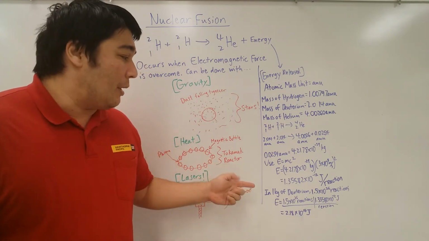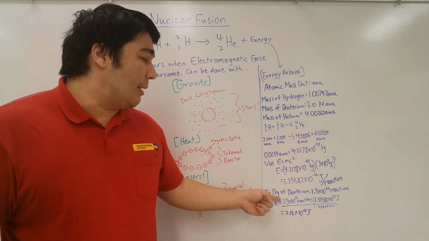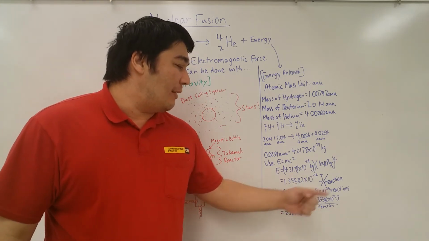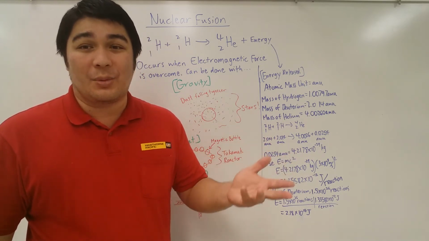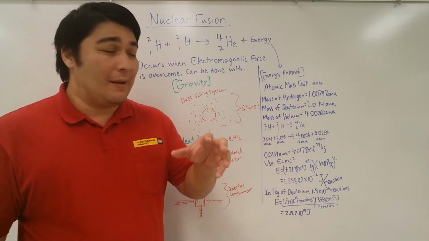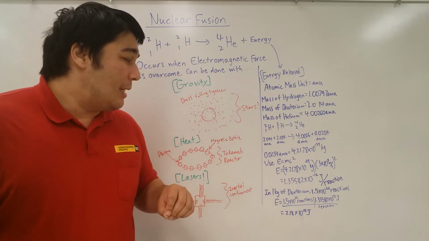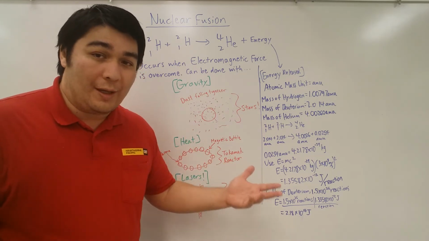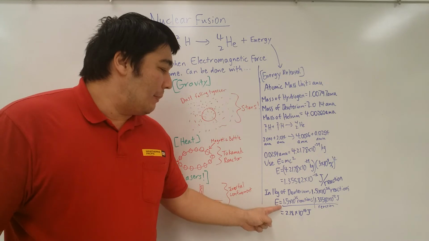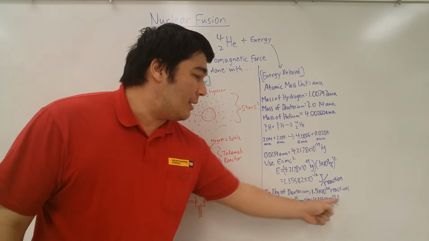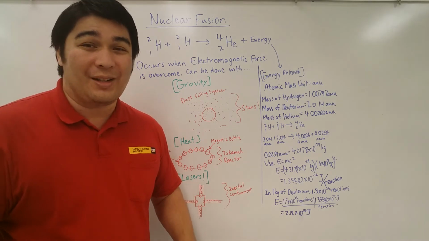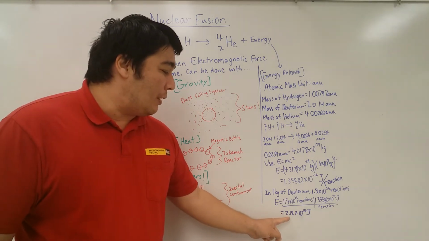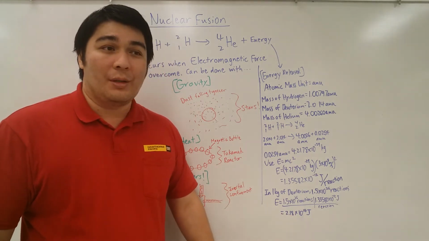And the answer is quite simple, because we would just have to know, in 1 kilogram of deuterium, you can have 1.5 times 10 to the 26 reactions, because there are 3 times 10 to the 26 atoms in 1 kilogram of deuterium. So then you would say, okay, well, let's run the equation again. E equals the number of reactions that can take place times the energy per reaction, and using our factor label method that we were so fond of, what we get is about 2.18 times 10 to the 14th joules.